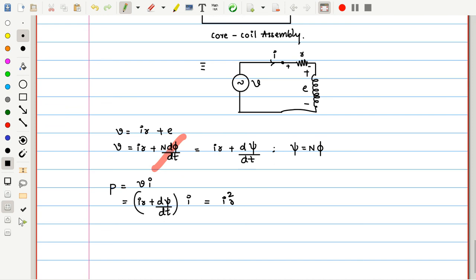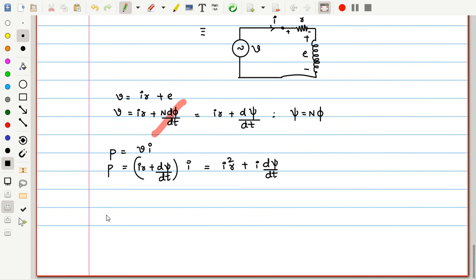I square R plus I into d psi by dt. This is the power expression. Out of this, you can observe there is a certain loss component and the remaining is the flux linkage component.